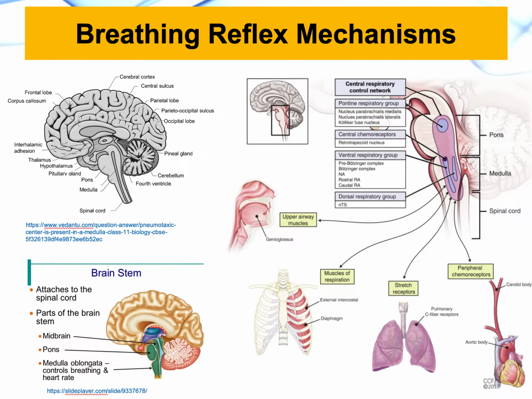So that's the first thing. Now, what can influence respiratory centers? How is this respiratory control network influenced in order to affect respiration rates?